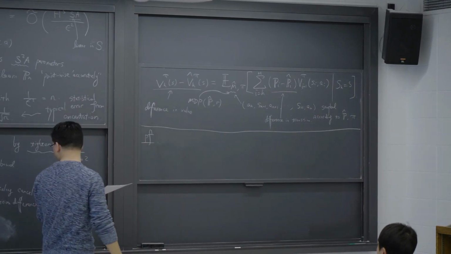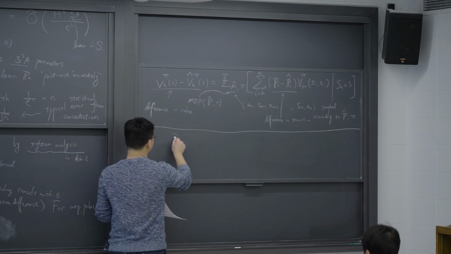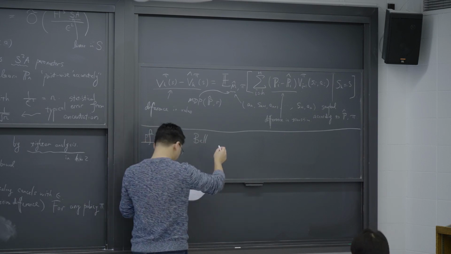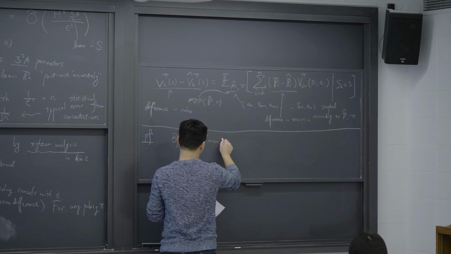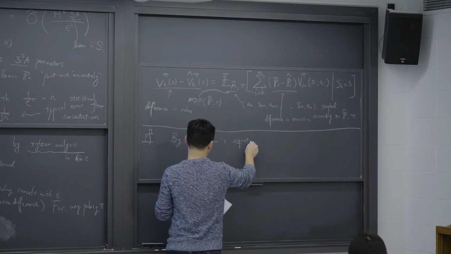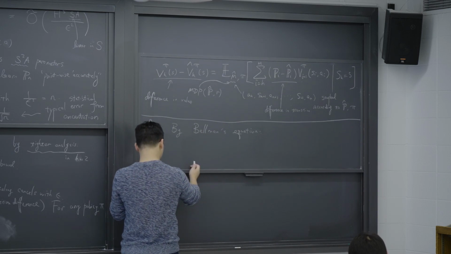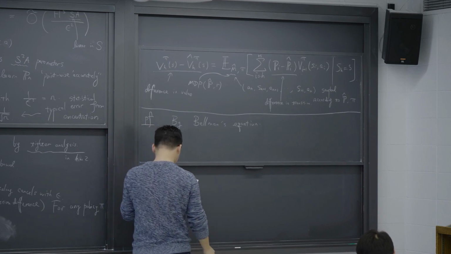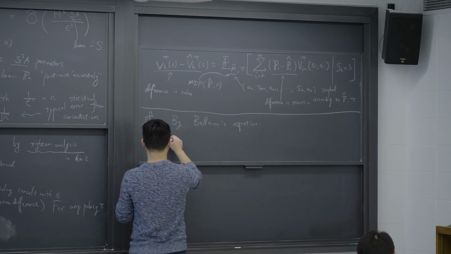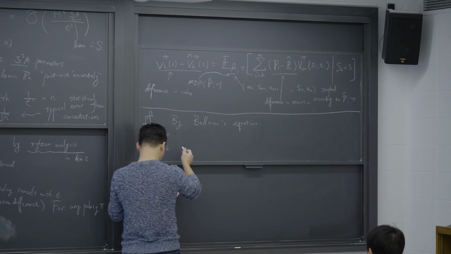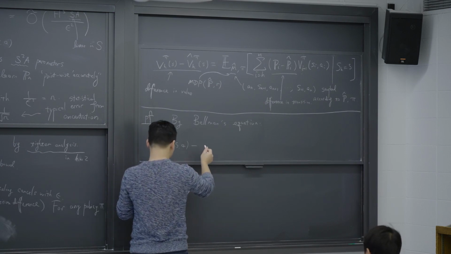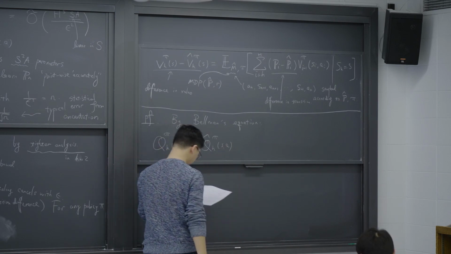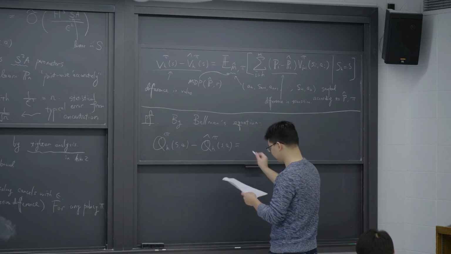So we'll talk about the proof of lemma 1. As we said, the proof essentially just follows the Bellman equation. By Bellman's equation, we look at Q_h^pi(s,a) subtracted by Q-hat_h^pi(s,a).